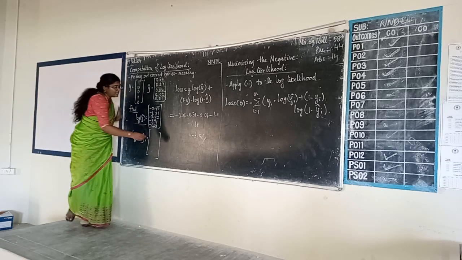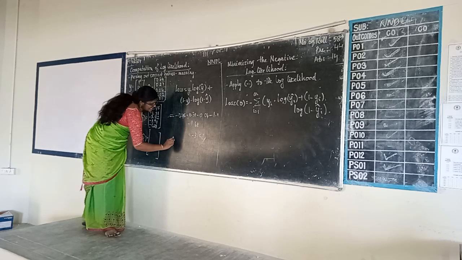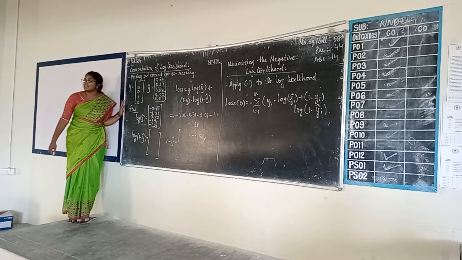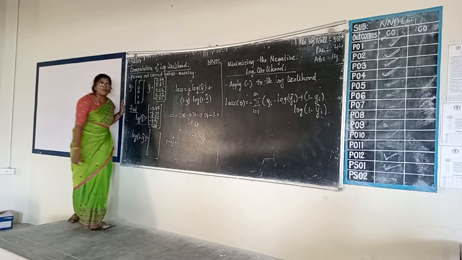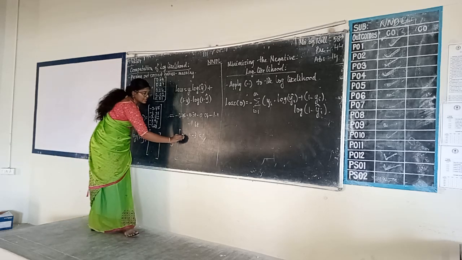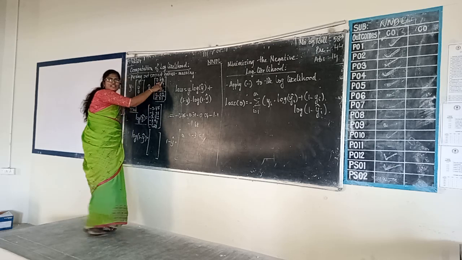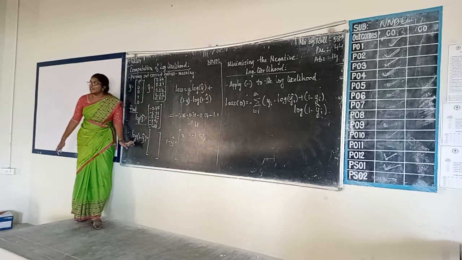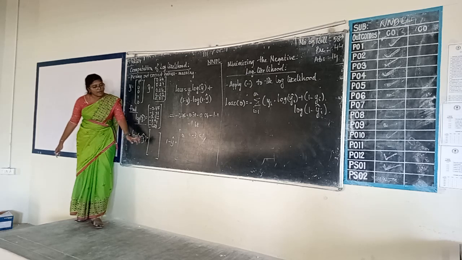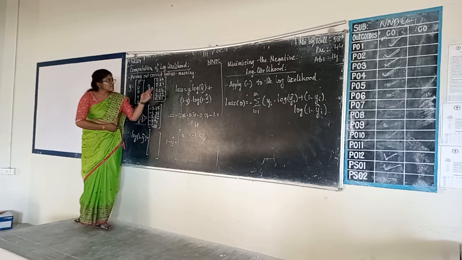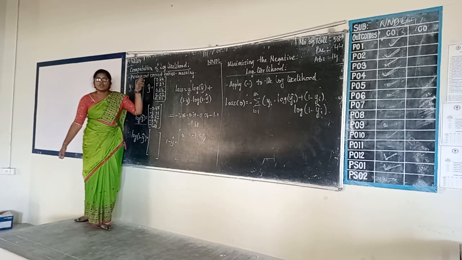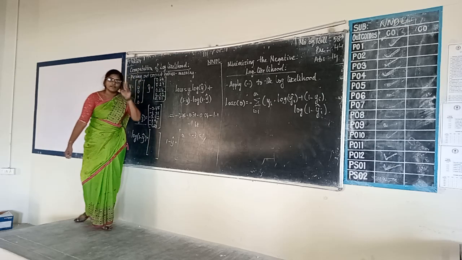So before applying the ln function, first you have to know what is 1 minus y cap. So that is what we are computing now. First value is 0.64, so 1 minus 0.64.